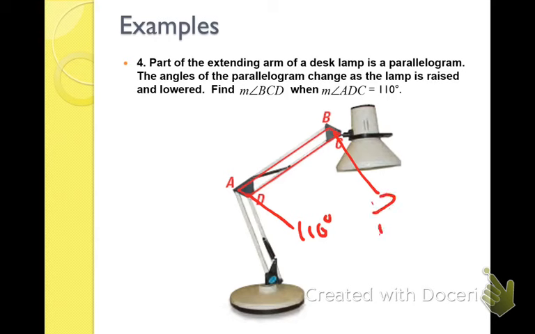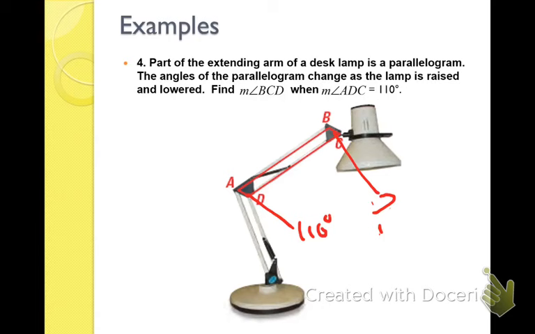What's that angle? How would I find that angle? First of all, we have to identify, is it opposite or is it consecutive? Which one is it, Aaron? Yeah, they're consecutive.